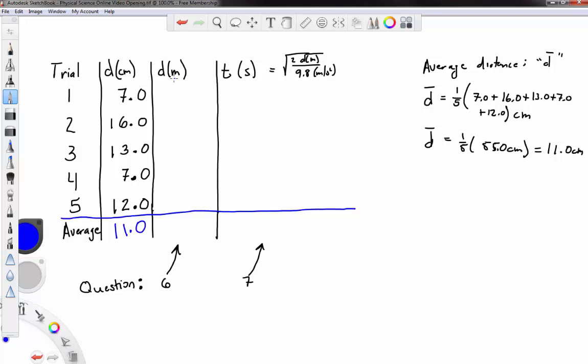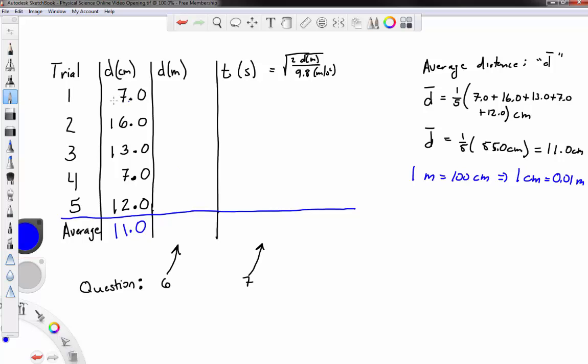Okay, so now we need to convert to meters. And the way that you do that is you move the decimal 2 places over to the left, because 1 meter is equal to 100 centimeters. So that means that 1 centimeter is equal to 0.01 meters.